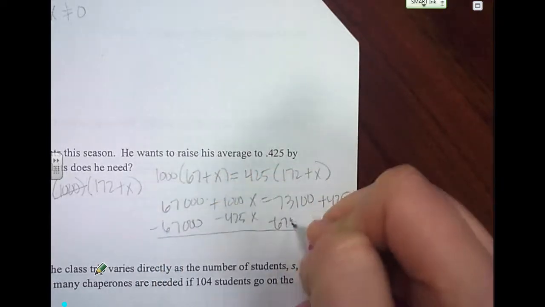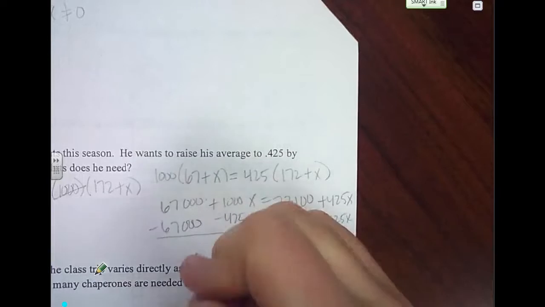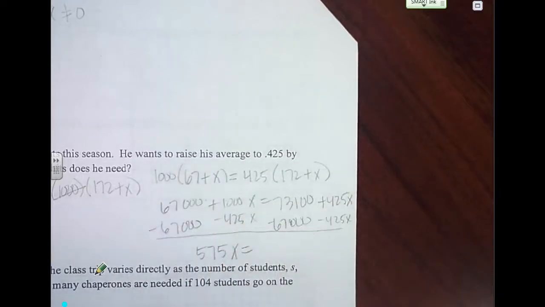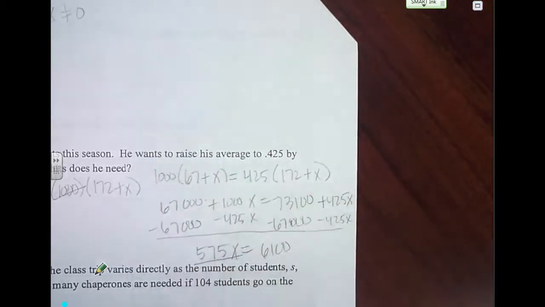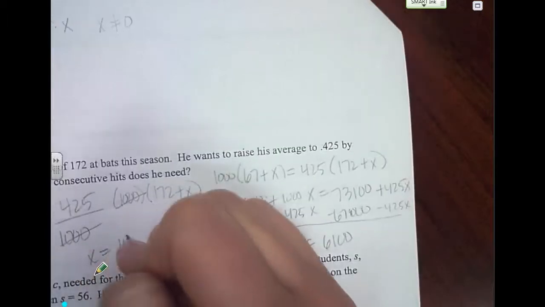So 1,000 minus 425, 575x equals negative 6,100. Divide by 575, is 10.6.